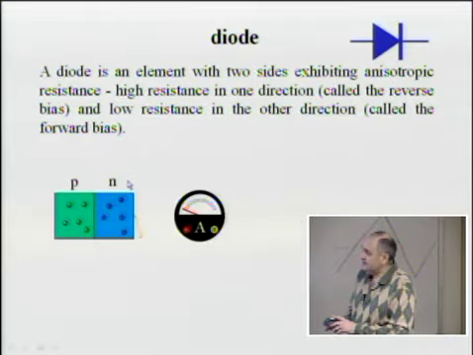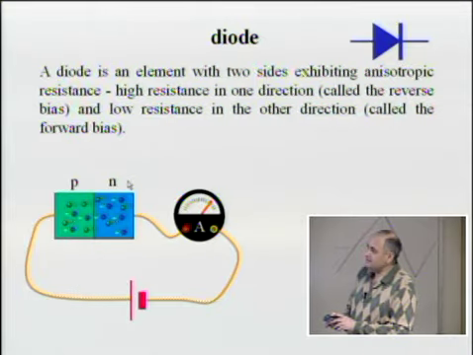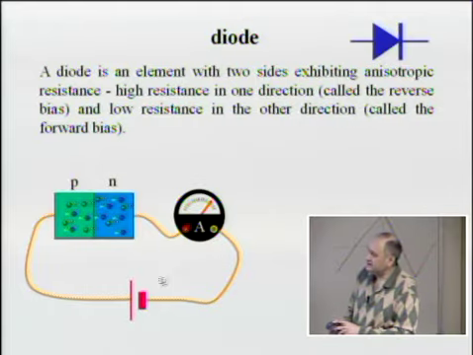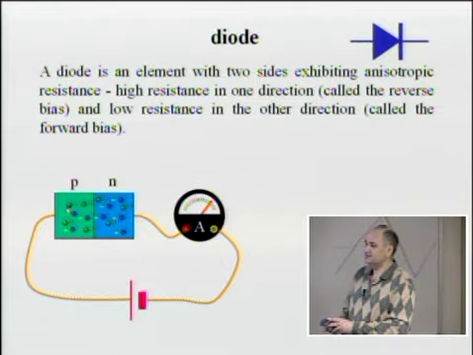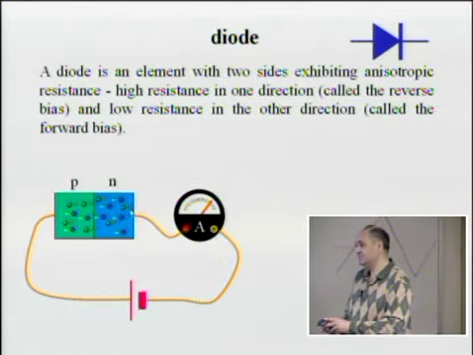Now, if we arrange a circuit in such a way that higher potential is on the P side, so the electric field now is to the right, it means that the holes, the positively charged particles, will be pushed to the right.